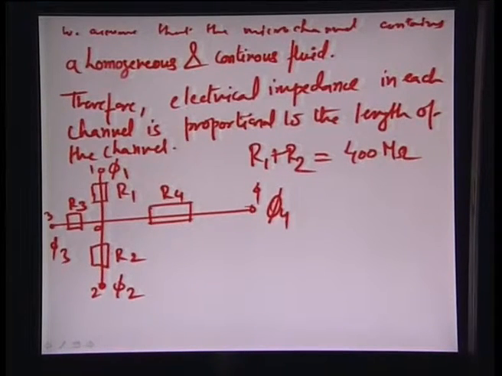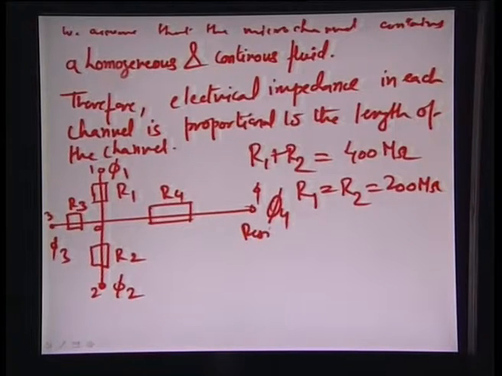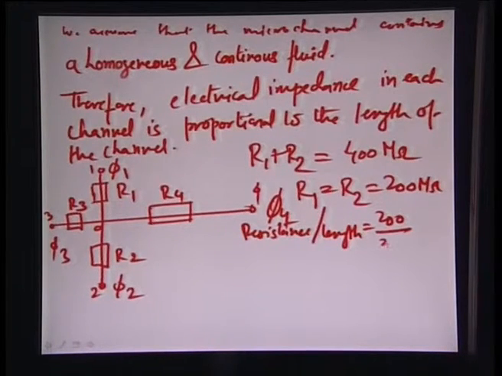So therefore, if we assume a fixed resistance per unit length, really R1 becomes equal to R2, equals 200 mega ohms, and the resistance per unit length in that case becomes 200 by 20 mega ohm per millimeter. So it is around 10 mega ohms per millimeter.